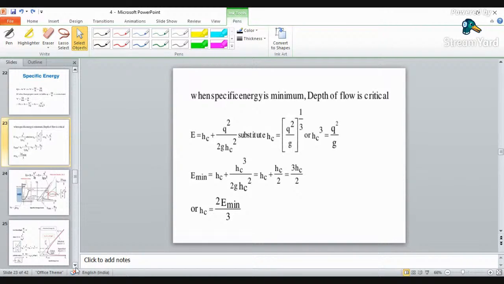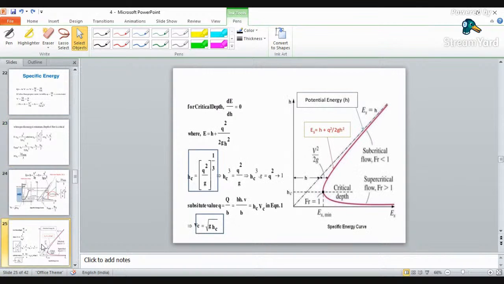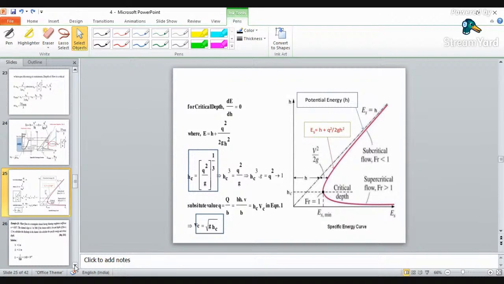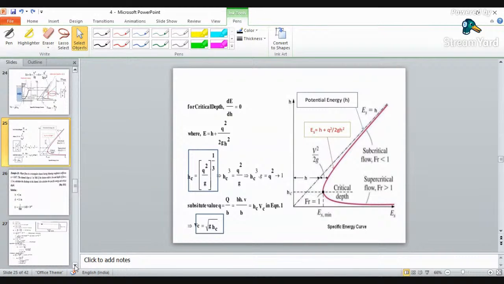There is one more formula, that is critical velocity, which is given by square root of g into critical height Hc. Here you can see that critical velocity can be calculated as g into Hc to the power 1 by 2, or square root of g into Hc. So these are four formulas which are widely used in solving questions for the open channel.